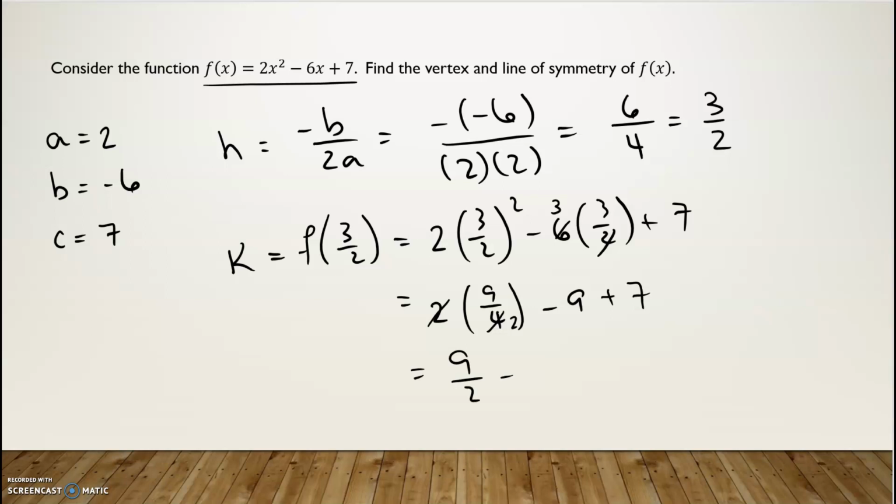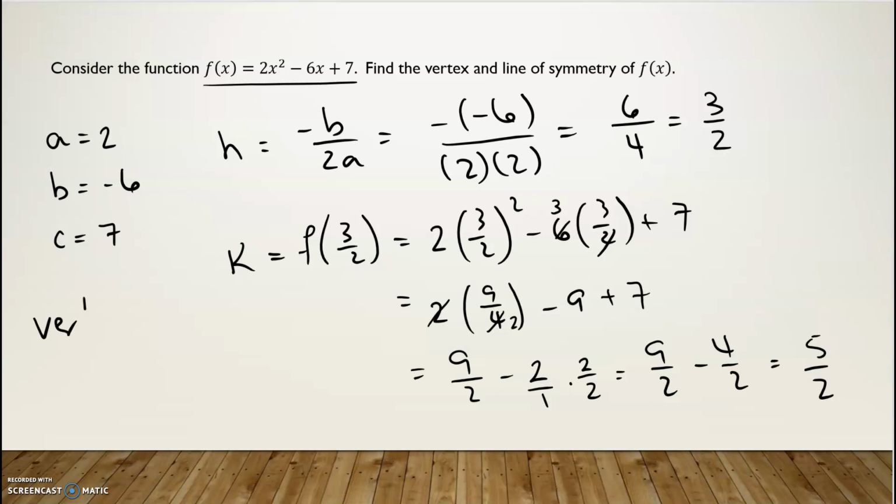So 9 over 2 minus 9 plus 7, so 2. Put that over 1. Need to multiply by 2 over 2 to get the denominators the same. Okay, so I'll just come over here. 9 over 2 minus 4 over 2. 9 minus 4 is 5 over 2.